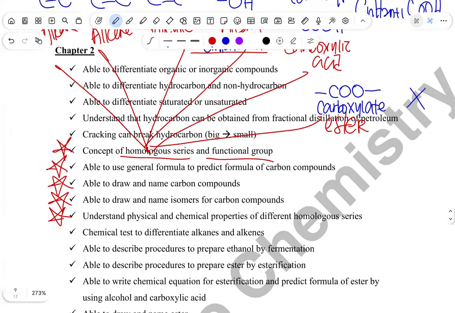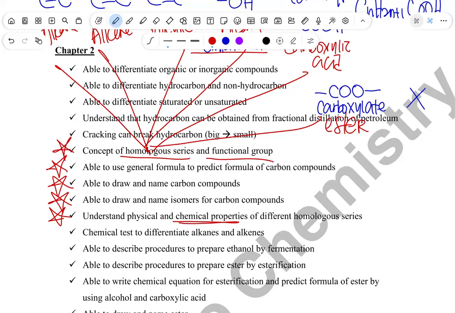Okay, next one. We must know some physical and chemical properties of homologous series. Especially chemical properties. Physical properties are quite rare to be tested. So chemical properties, make sure you know. Alkene. Alkene can do what? Halogenation, hydrogenation, oxidation, and so on. Make sure everyone knows that.